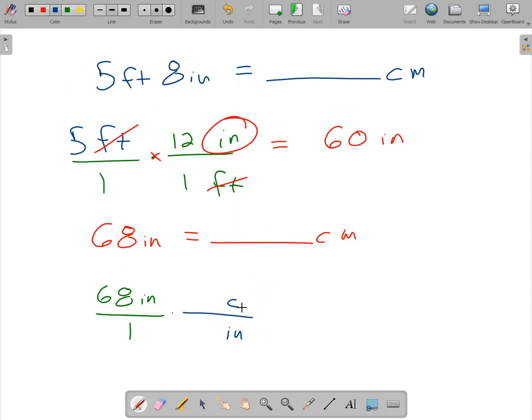So centimeters goes in the top, and for every 1 inch, I have 2.54 centimeters. This tells me that if I want inches to go away, and I want the measurement in centimeters, I should multiply. And so now it's calculator time.